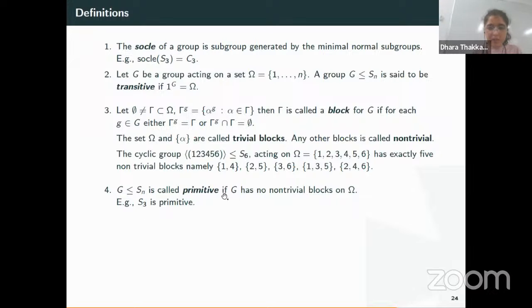When people started working on the permutation group representation problem, they first handled the case when the group is a primitive permutation group, and that is why we also consider primitive groups.